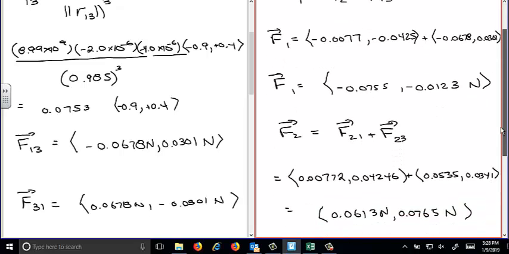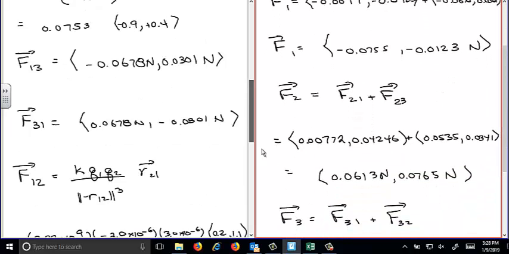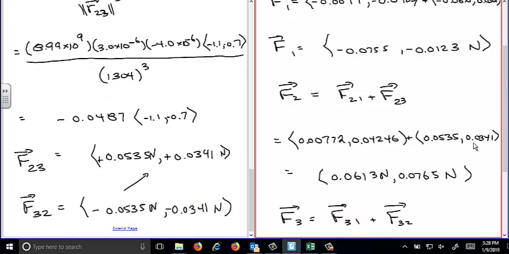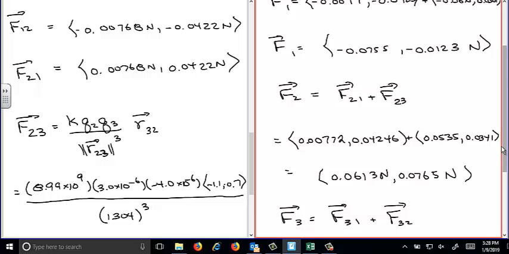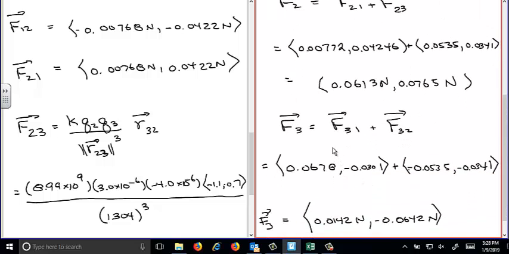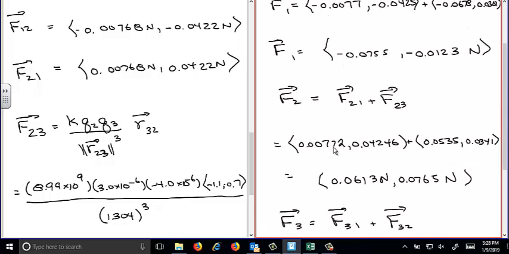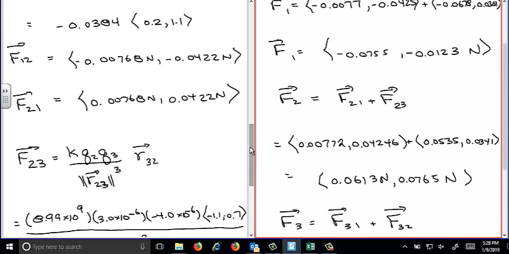Let's look at F23. It's down at the bottom here. See if I made any changes. You might just check to see if I've made changes here. I think I got everything correctly done. And then we need F21, I think this one here. So let's double check on that.